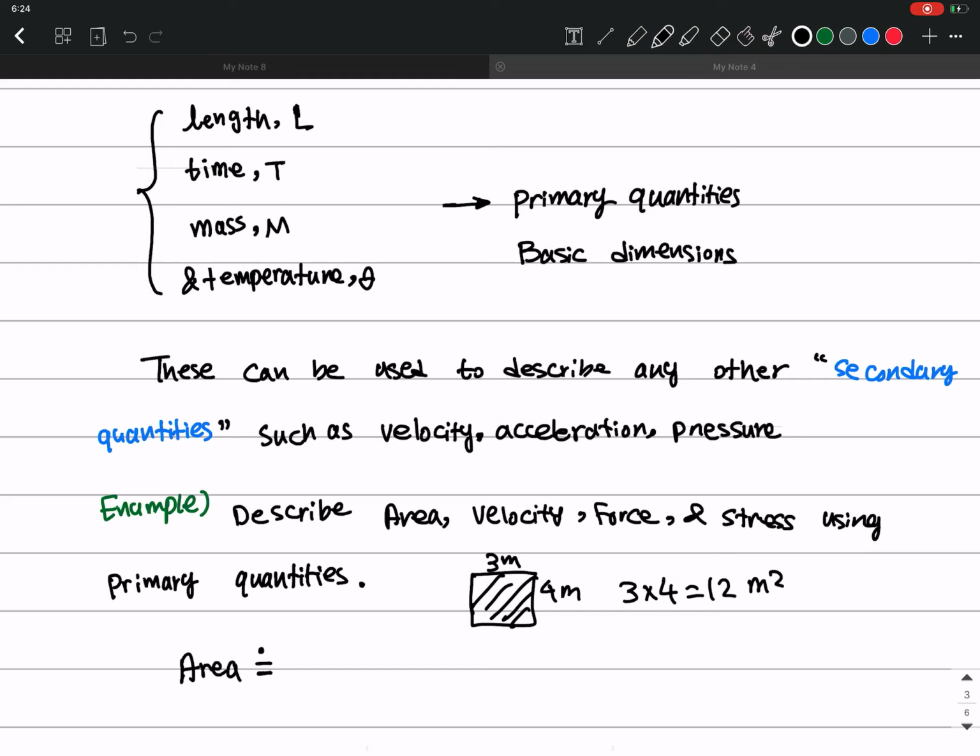So you are multiplying two lengths, the first length and the second length, correct? So this secondary quantity can be shown with the first quantity as L, length, times L, which will give us length squared, correct? So this secondary quantity in terms of primary quantities will be L squared.